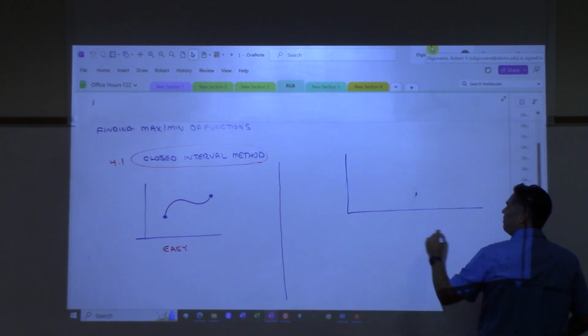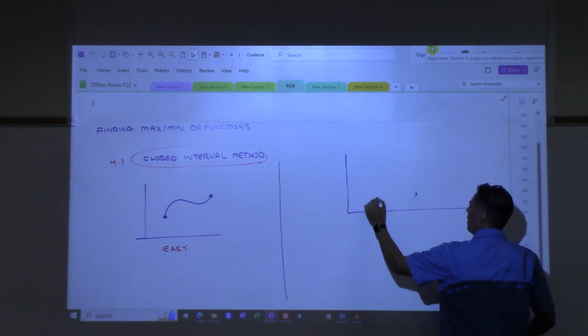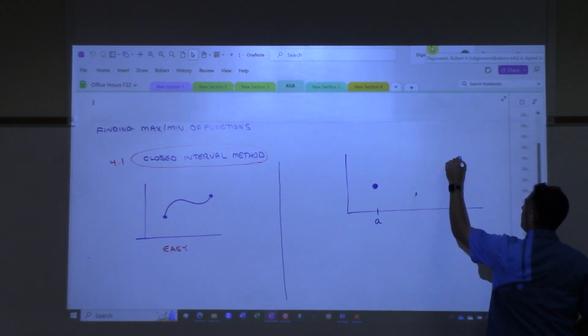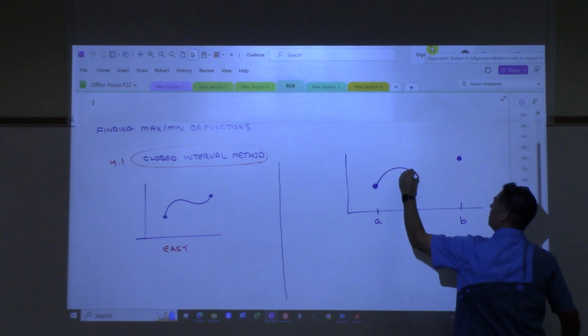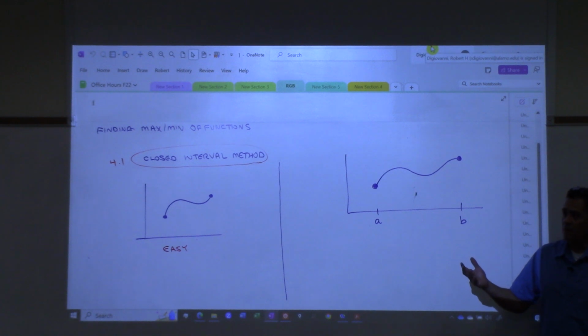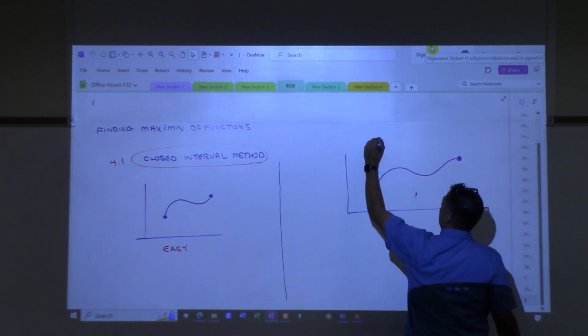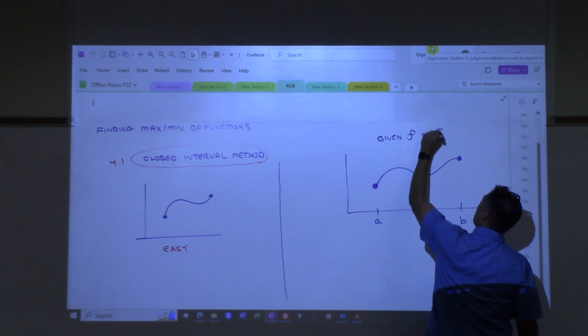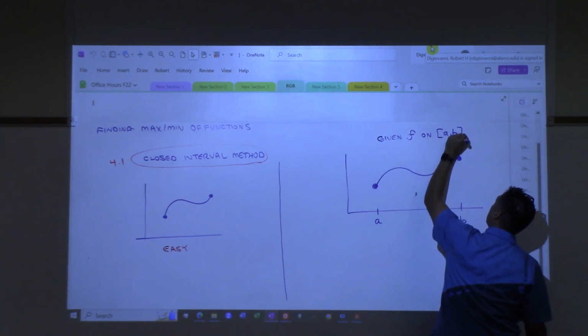Let's say someone gives us a function. Let's say it starts here at A. Let's say it ends here at B, all right? And let's say we have a continuous function, all right? To keep things simple, because if it's not continuous in there, then we lose a lot of these theorems, right? So we're given f on a closed interval, right?